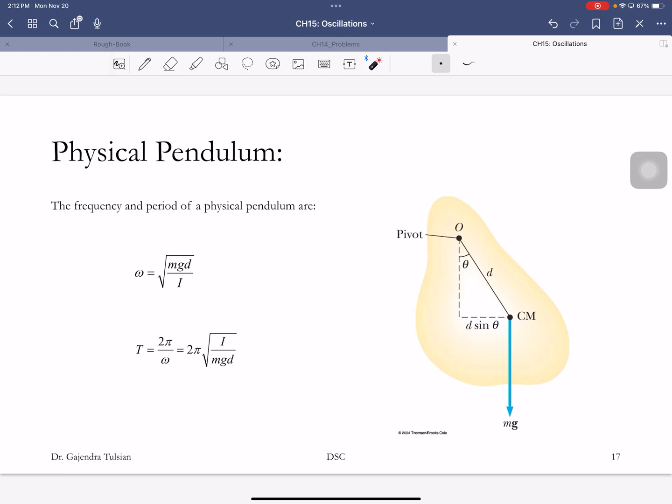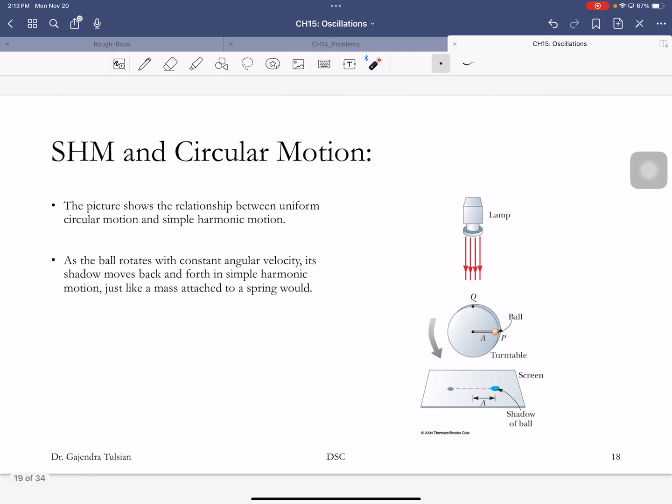Calculate the period, and you can calculate your normal walking speed, and it turns out to be exactly that. You can do this for any animal. And why is that the normal walking speed? Because that's the least energy speed. So that's the physical pendulum.